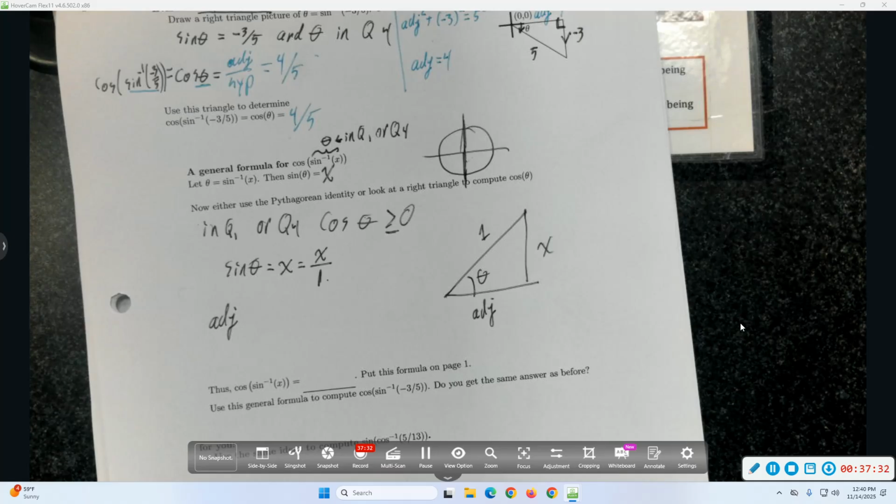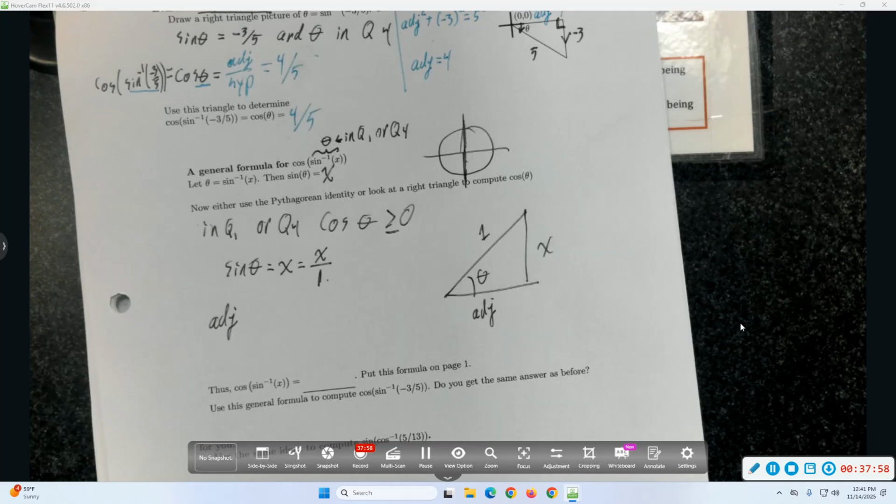Then I'll stall for a bit. Tell me, how long is the adjacent side? It will depend on x. No, I don't think it'll just be x.